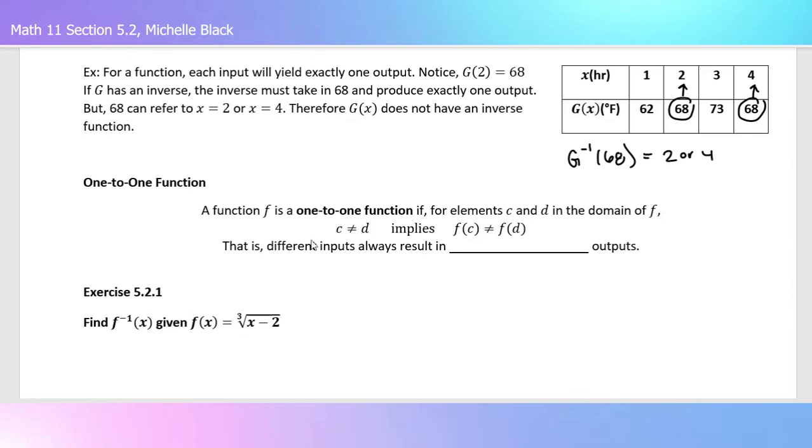Or in other words, different inputs always result in different outputs. We had a problem up here when we input 2 into our normal function g, we got back 68. But when I put in 4, which is a different input, I got back the same output as 2. And if it was a one-to-one function, it would give me back a different output.